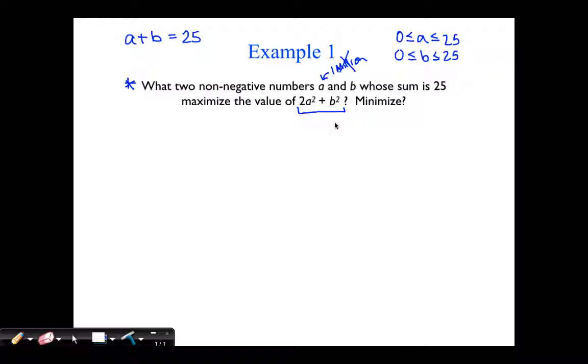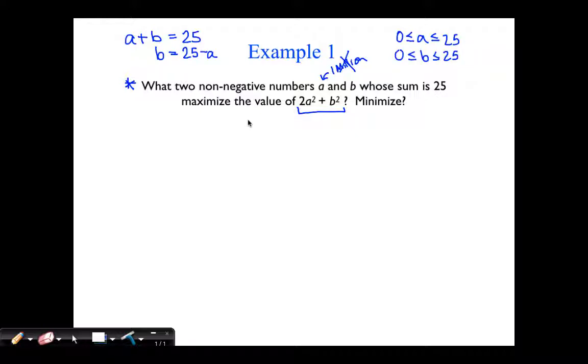I could, instead of writing it in terms of a and b, express a in terms of b, or express b in terms of a. I could rewrite this expression so that it only involves one of the two letters. For instance, a plus b is 25, so b is the same as 25 minus whatever a is, right?